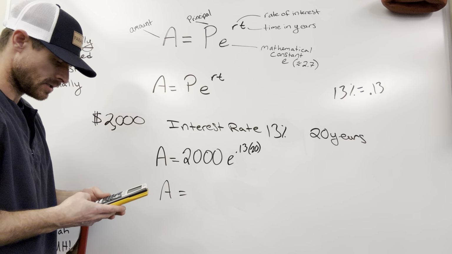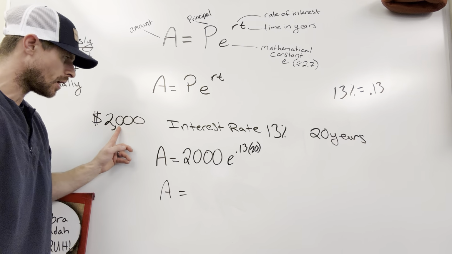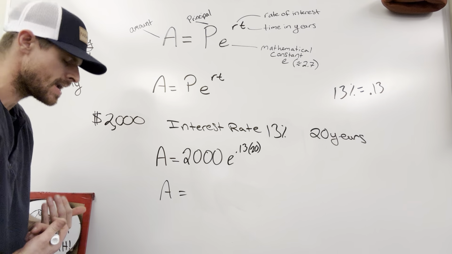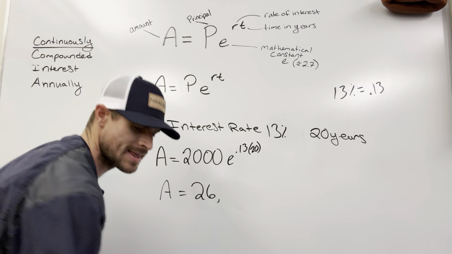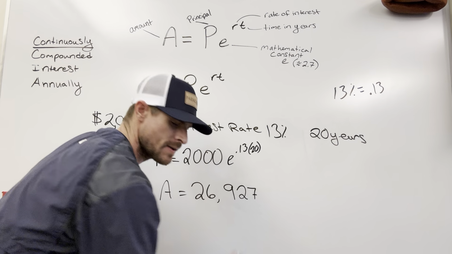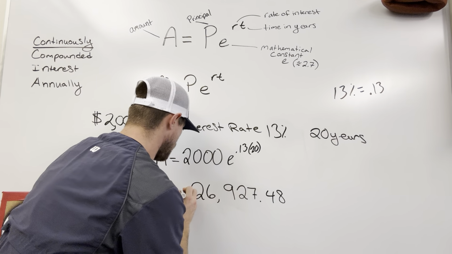Put an extra zero on there on accident. Well, look at that. Our $2,000, 20 years later, when we go to pull it out of the account, is worth a whopping $26,927.48 approximately.